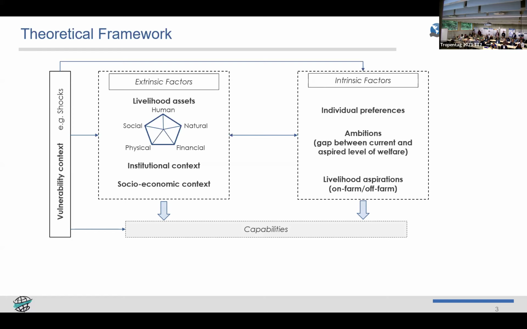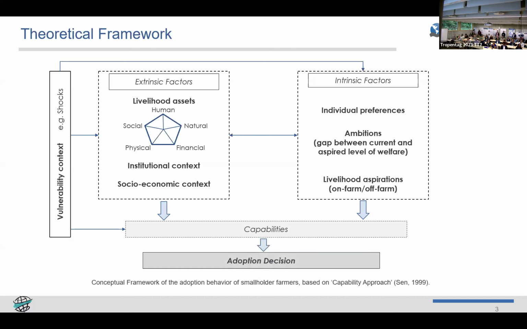What are their options given how they interact with their extrinsic and intrinsic factors? We mainly focus on the adoption decision that is based on these capabilities. So we want to see, with the given capabilities of the household, what will they do in the adoption context?